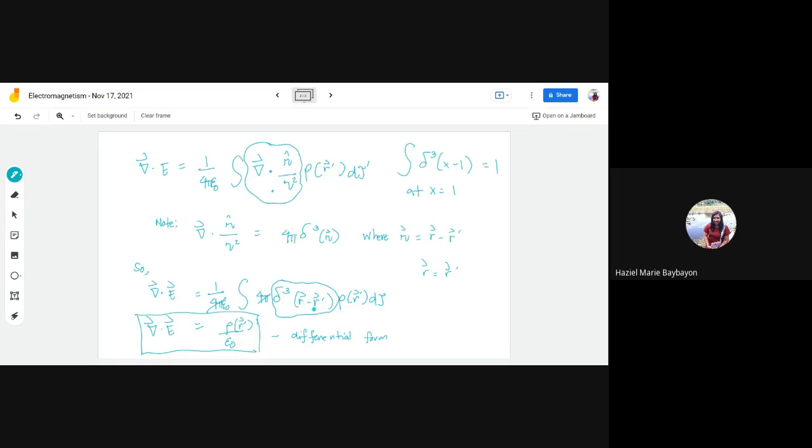Mura ni siya ingani Julius: f of x as a function of x. So mura siya variable, or f as a function of x, or the Dirac delta function as a function of r minus r prime.